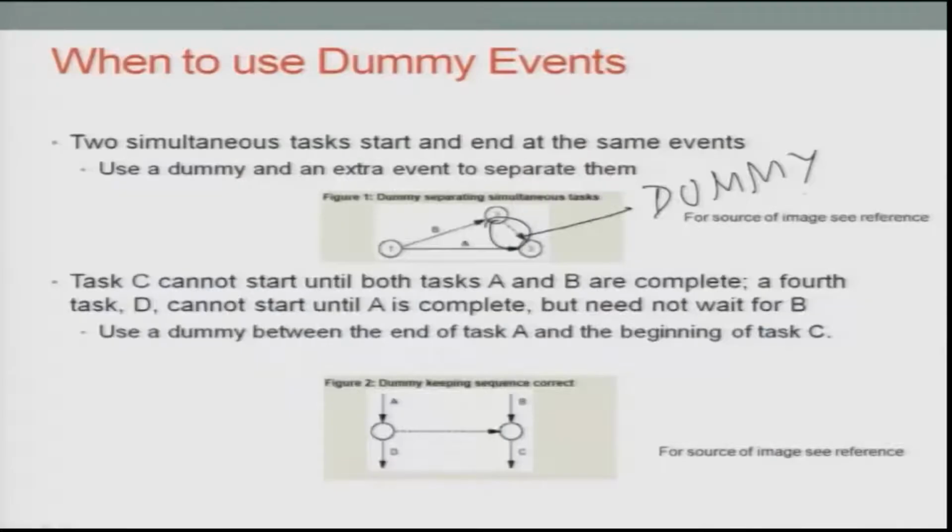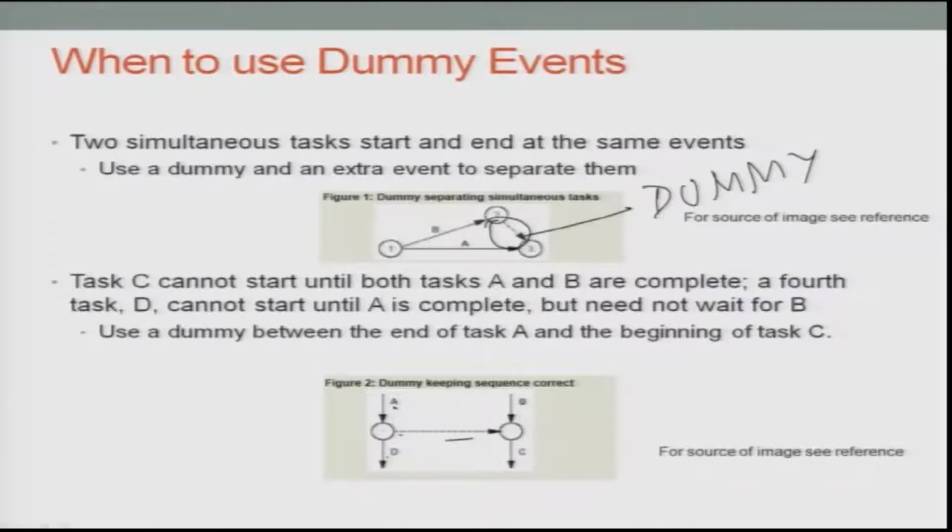D would definitely have to be done after A. This is shown here, and if you consider B and D, the dummy job does not go from right to left, because it clearly mentions that D has some relationship with A, but has no relationship with B. On the other hand, if you consider C, it is noted very clearly that C has a relationship with A and B. So, as you link up B and C, obviously the implications of A should also affect C. That comes through the dummy, which goes from the left to the right.